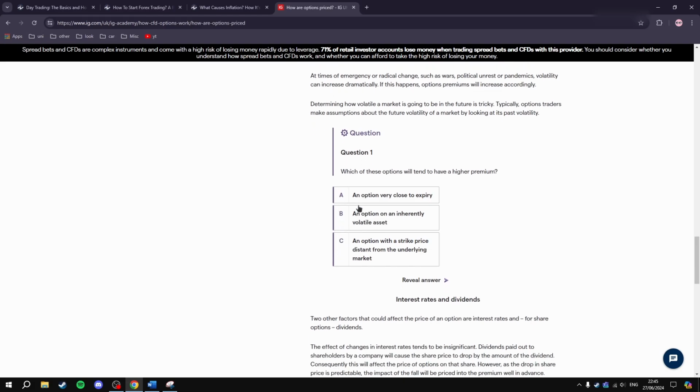At times of emergency or radical change, such as wars, political unrest, or pandemics, volatility can increase dramatically.